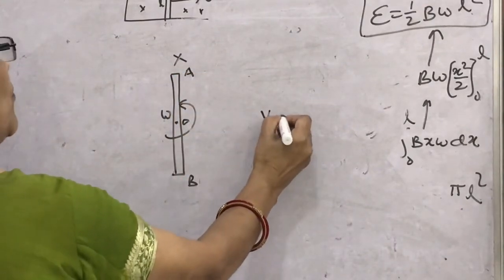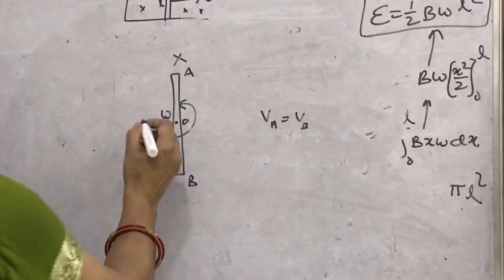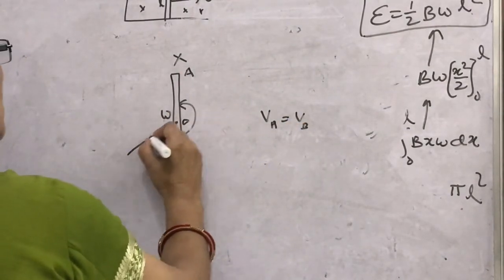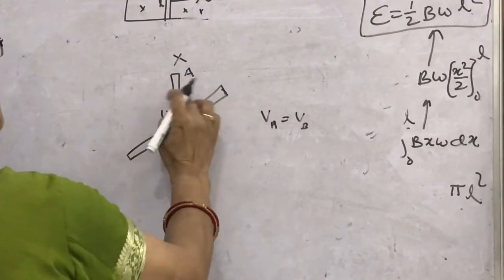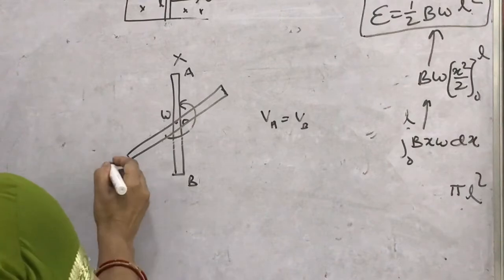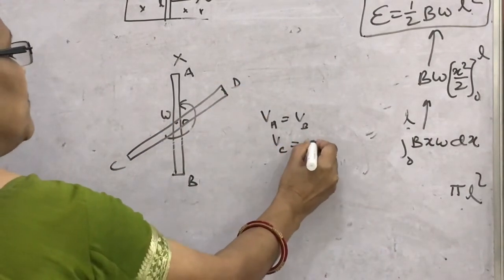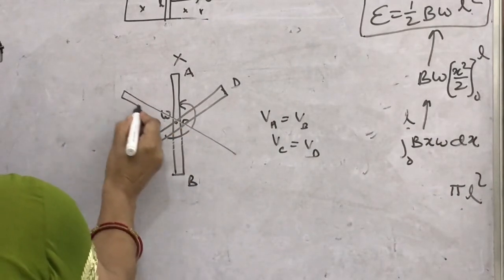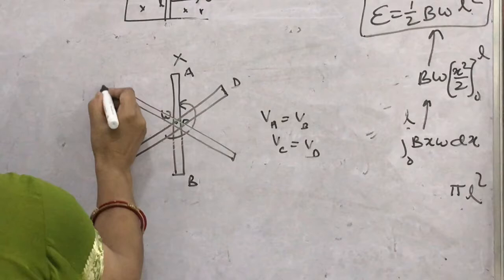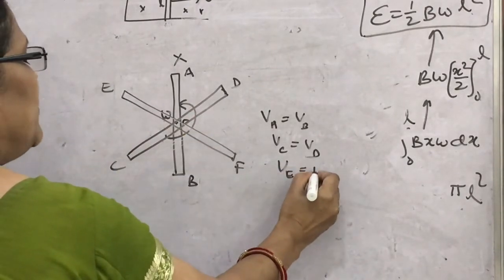What will you write? VA will be equal to VB, as you have just seen. I will put another rod in the same magnetic field, and these two portions are the same. Suppose this is CD, then VC equals VD. Put another rod, suppose this rod is EF, so VE equals VF.